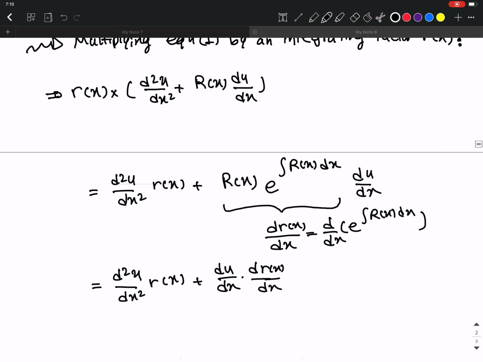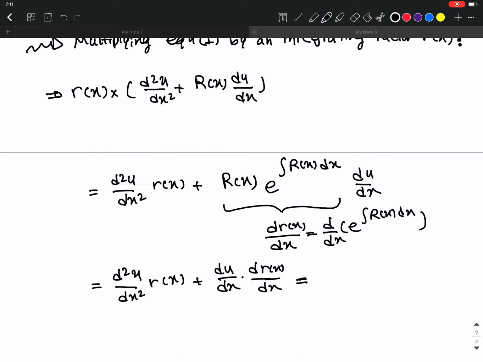So now I want you to think again about this. Does this remind you of anything? Can you simplify this expression as well? If you think about it, this is very simple.